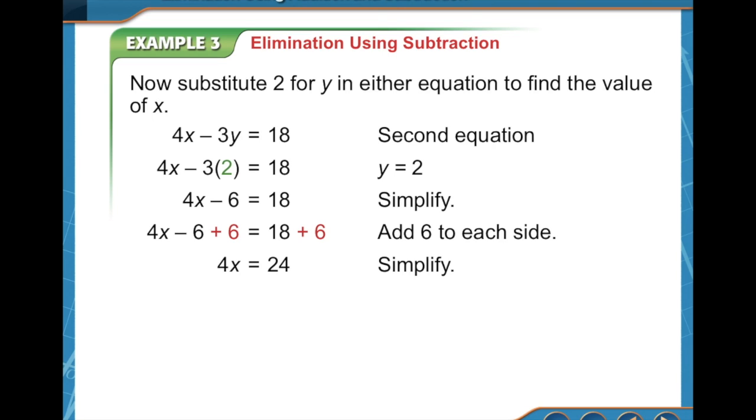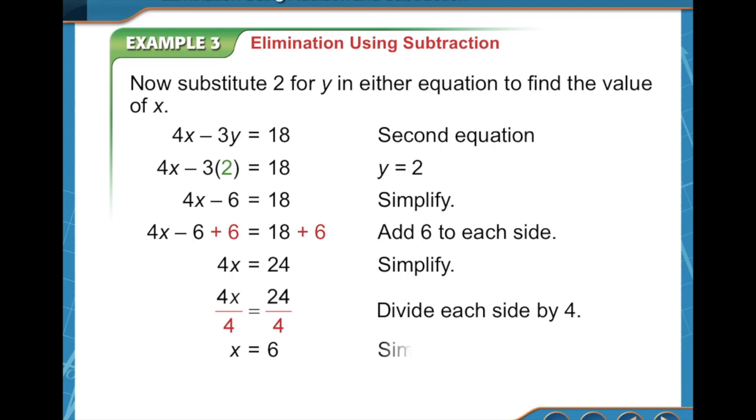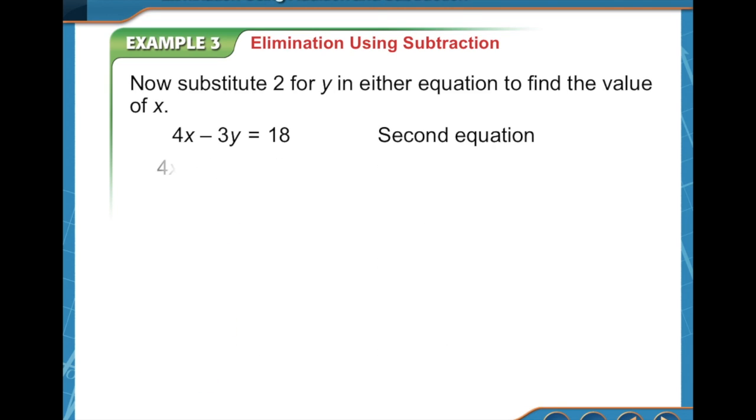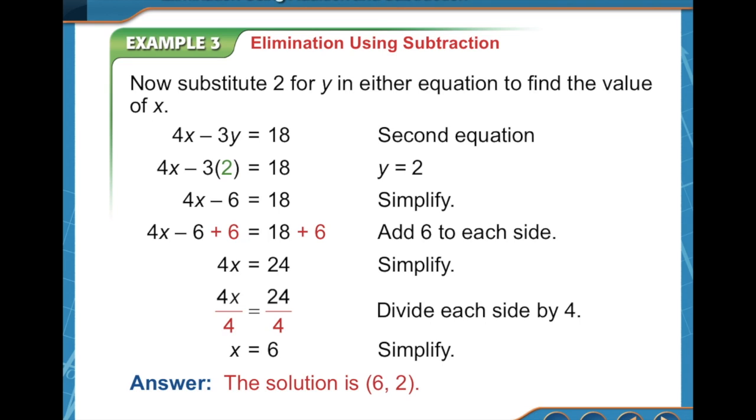And that'll look like this. And now you ask yourself, 4 times what is 24? With the division, you can confirm that x must be 6. Great. So if x is 6 and we found y to be 2, we'll write that as an ordered pair. 6, comma 2. Done on this subtraction type problem.